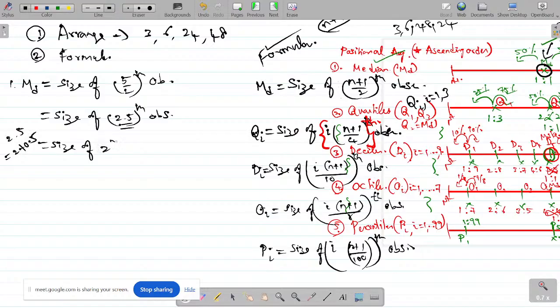So the size of second observation plus the size of 0.5 means it lies after 2. So you take the third observation and the second observation.